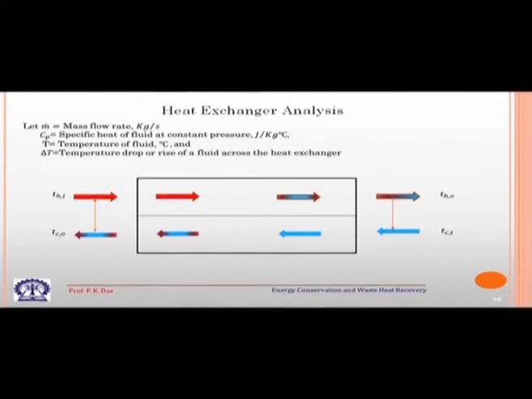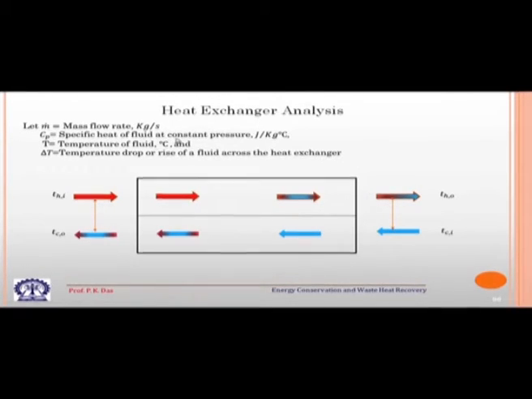So, you see heat exchanger analysis. Here I am showing a parallel flow type of arrangement. Hot fluid is passing and as it passes its temperature reduces, and it goes out. The cold fluid enters from the other side, as it passes its temperature increases and it comes out at the highest temperature. These quantities are important: m dot, the mass flow rate in kg per second, remains constant.